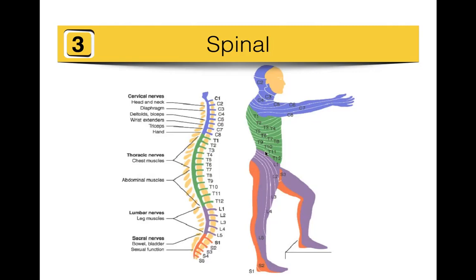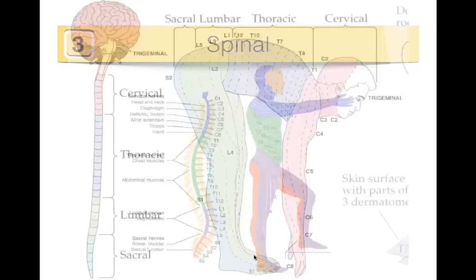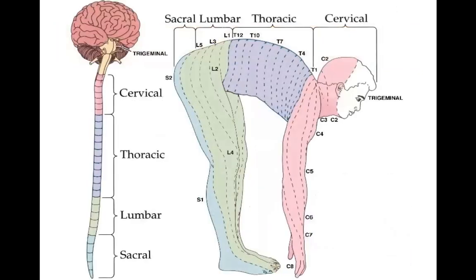On the other hand, the lumbar segment controls the pelvis and the anterior aspect of the lower extremities, whereas the sacral segment innervates the buttocks as well as the posterior aspect of the lower extremities. You can visualize it this way, and it would be better for understanding the dermatomal distribution of the different segments of the spinal cord.